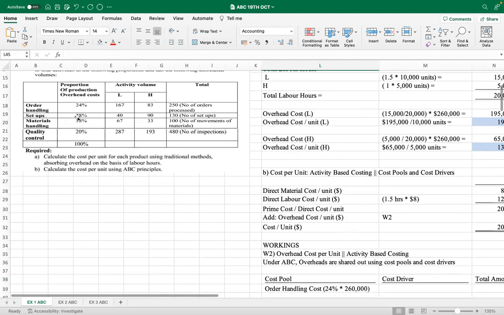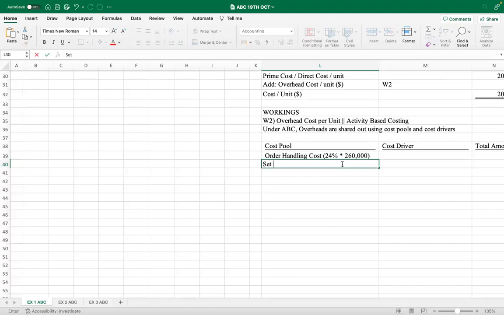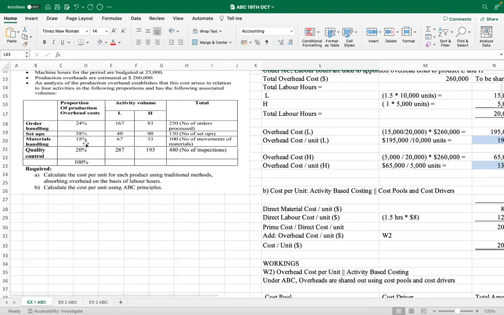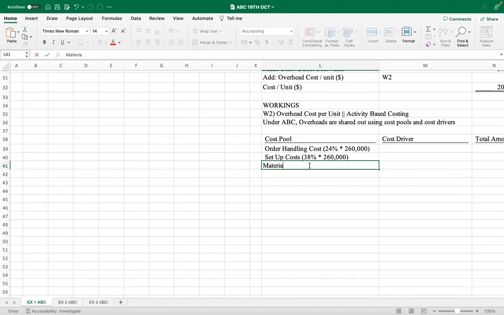Next is setup costs, 38% times 260,000, the total overhead costs. The third cost is material handling cost, 18% times 260,000.